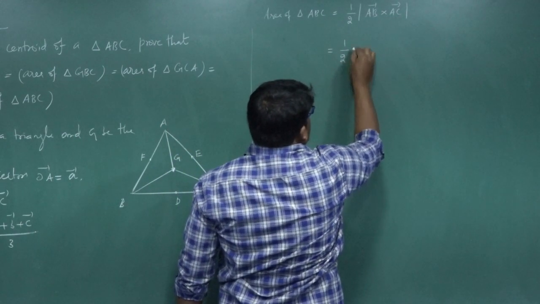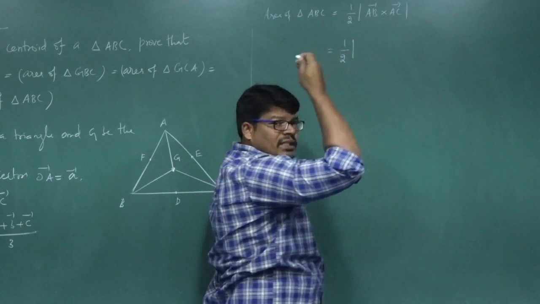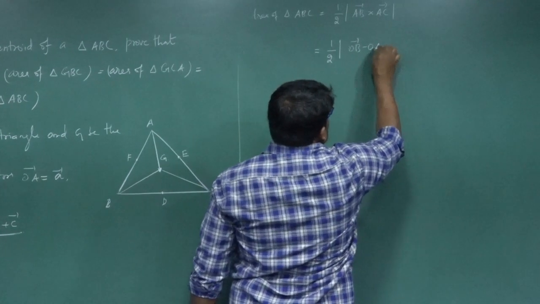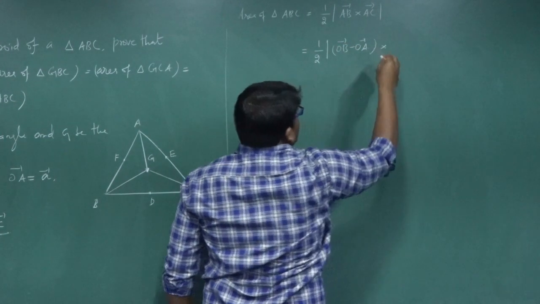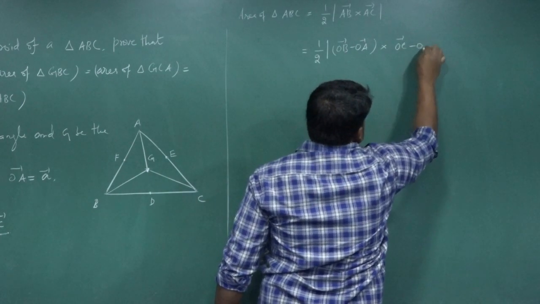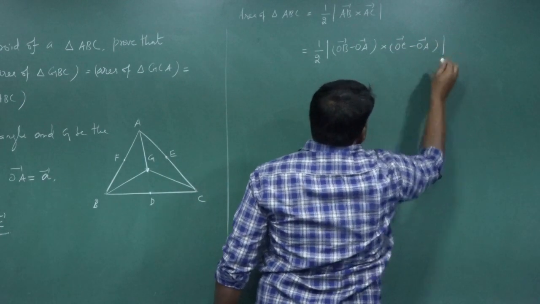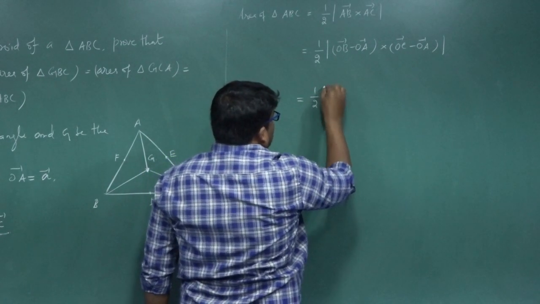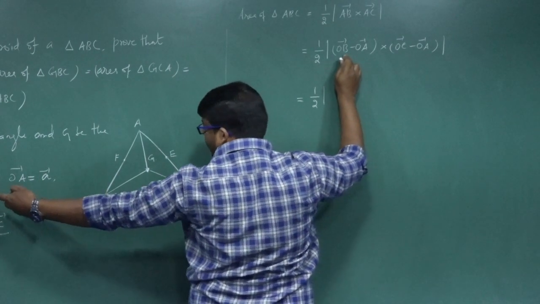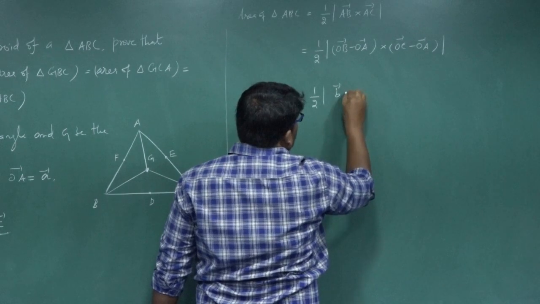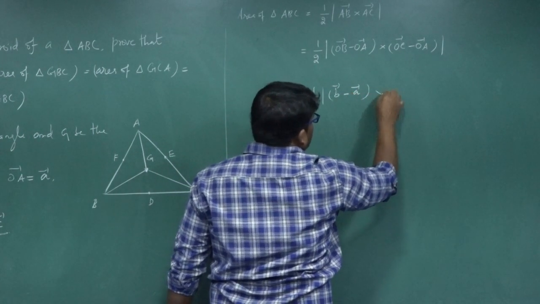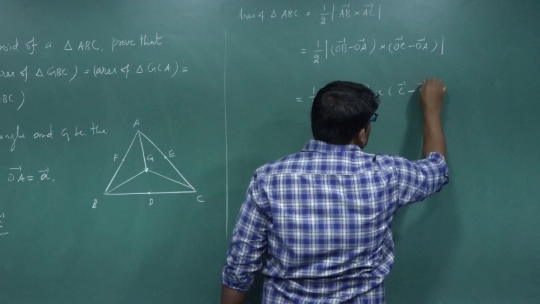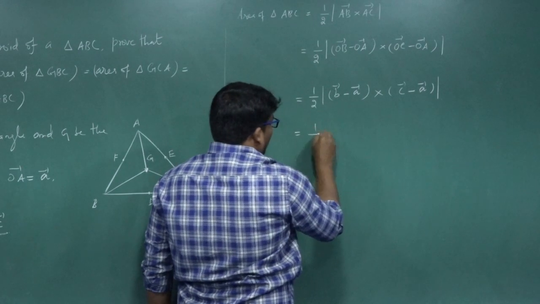We can write 1 by 2 modulus of AB vector, the position vector, which is OB vector minus OA vector, cross AC vector, which is OC vector minus OA vector. That equals 1 by 2 modulus of b vector minus a vector cross c vector minus a vector.